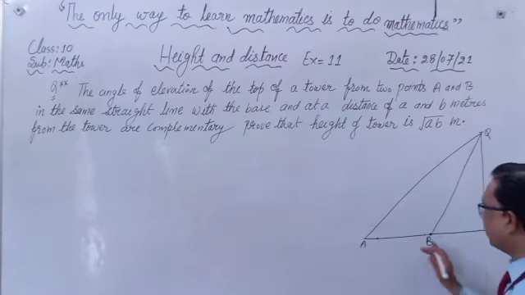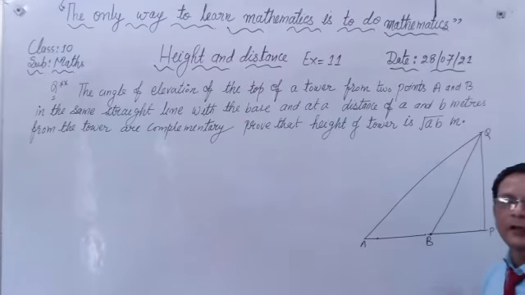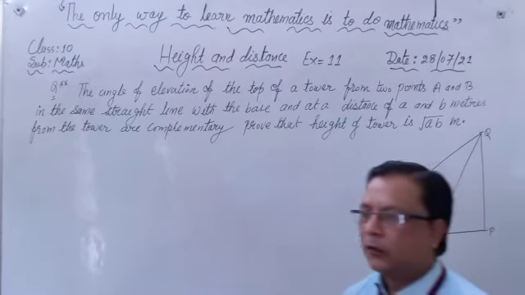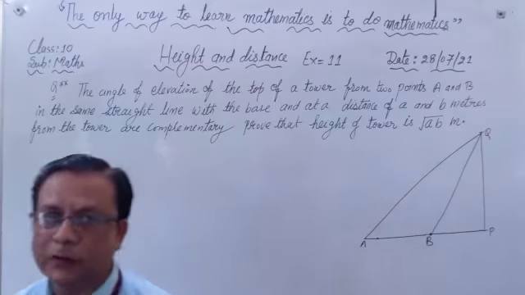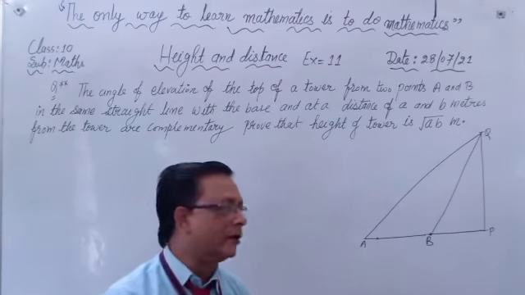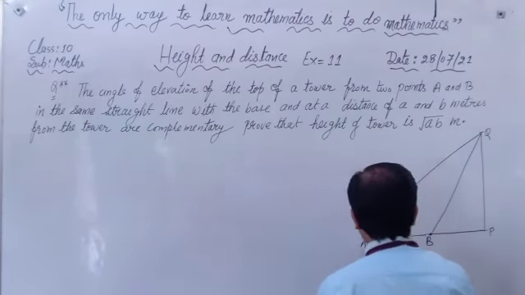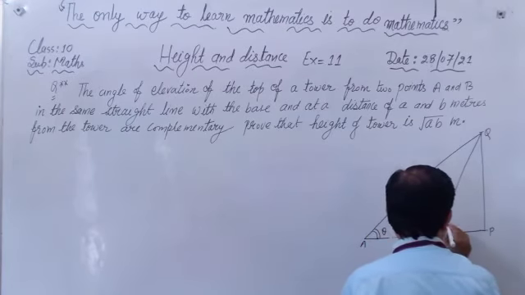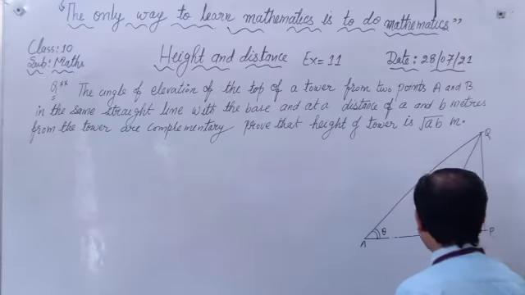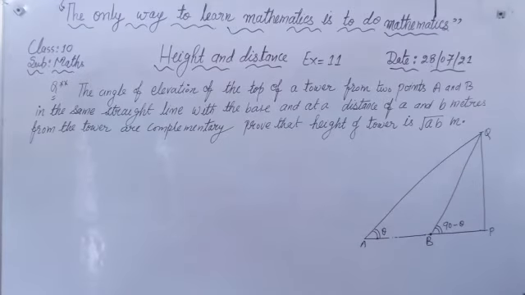It means the sum of these two angles is 90 degrees. Complementary angles are those angles whose sum is 90 degrees. It means if we take here angle theta, then the angle at that point is 90 minus theta. If we add these two angles, we get 90.